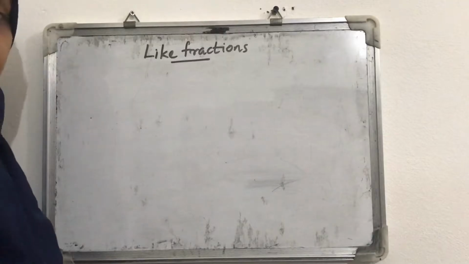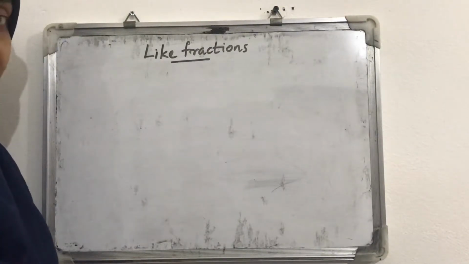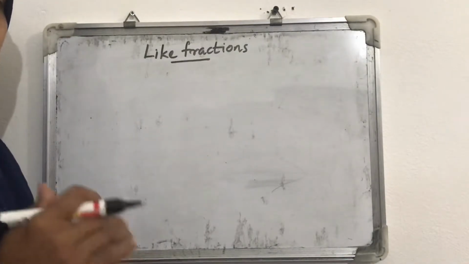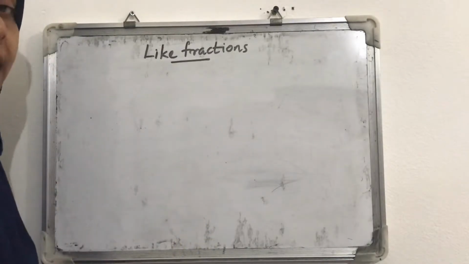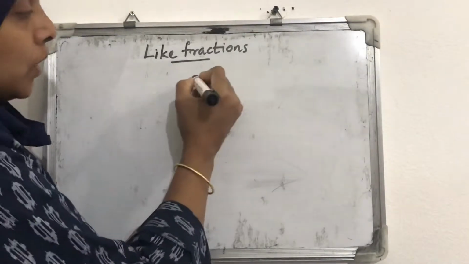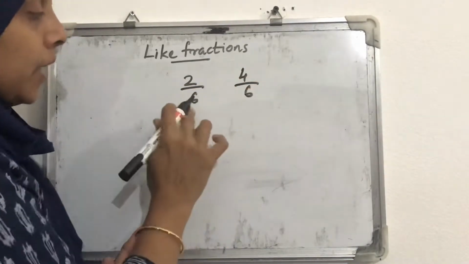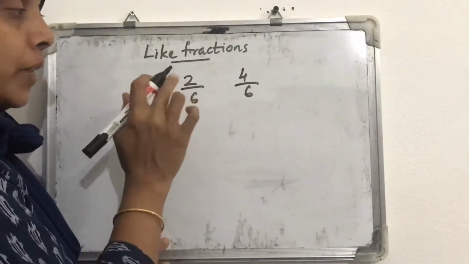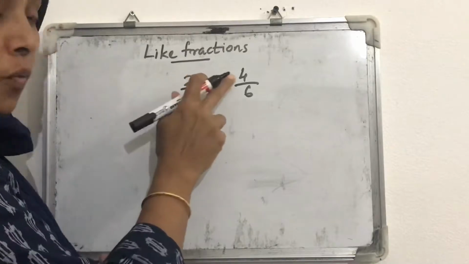Now today we can discuss what is like fractions. Last class we discussed how we compare two fractions. We can compare two fractions only if the denominators are same. That is 2 by 6 and 4 by 6. Here the denominators are same, so in this case 2 is smaller than 4.